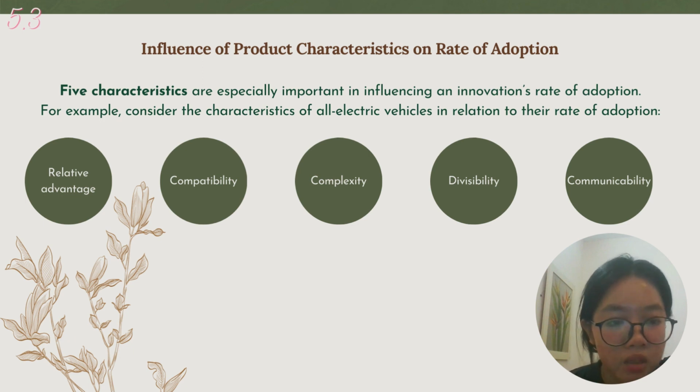The next factor is compatibility, the degree to which the innovation fits the values and experiences of potential consumers. The next factor is complexity: the degree to which the innovation is difficult to understand or use.